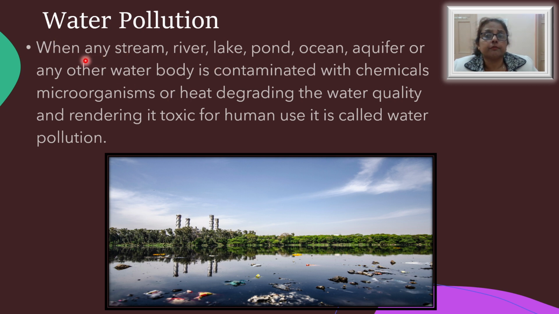Now, water pollution refers to when any stream, river, lake, pond, ocean, aquifer, or any other water body is contaminated with chemicals, microorganisms, or heat, which degrades the quality of water and renders it toxic for human use. It is known as water pollution. So, here we can see how the pollutants are floating on the water. It is an indication that this entire water body is highly polluted.